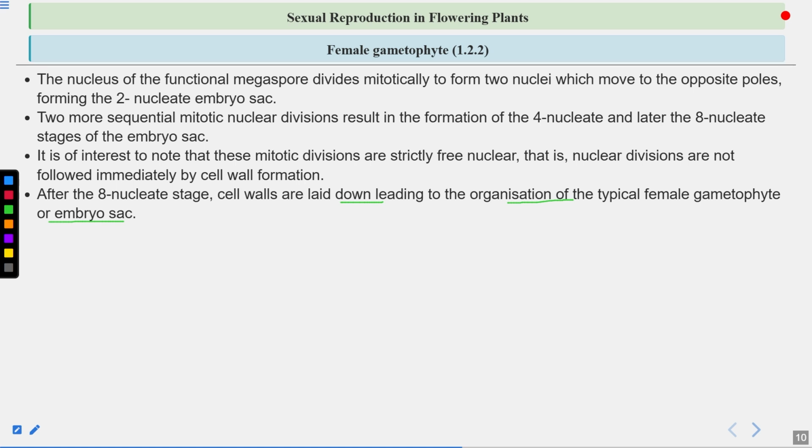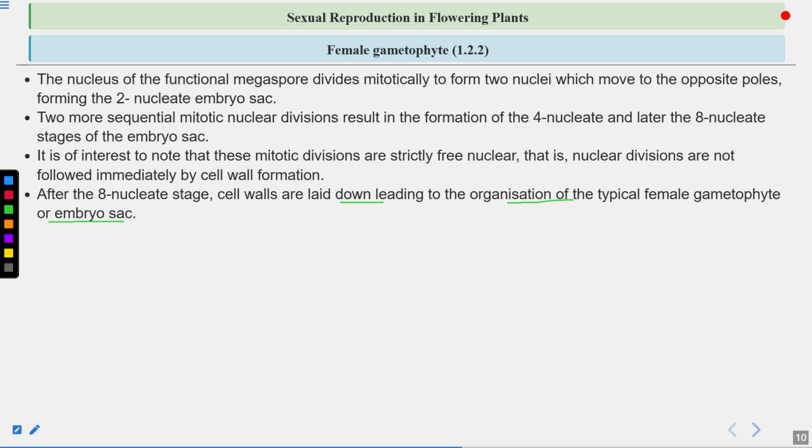Yes, meiosis. No, no, you are confusing here. You told four megaspores. Four megaspores are the result of the reduction division, which is meiosis. But out of the four megaspores, three degenerate and one is functional.